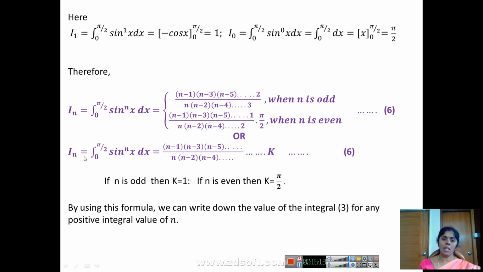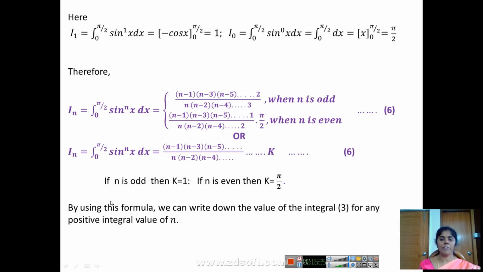I_n equals integral 0 to pi by 2 sine to the power n of x into dx equals (n-1) into (n-3) into (n-5) whole divided by n into (n-2)(n-4) up to the term we can consider k.